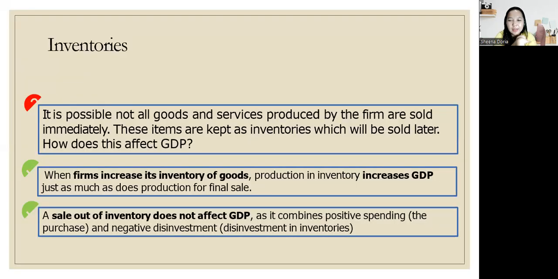Okay, so for this example, isipin natin yung bread. Okay, yung bread is put into inventory. So for example, as a frozen dough, ayan, to be sold later. So in this case, the national income accounts treat the transaction differently. Medyo komplikado lang to kasi pwedeng ma-add, pwedeng hindi. So the owners of the firm are assumed to have purchased the bread for the firm's inventory.